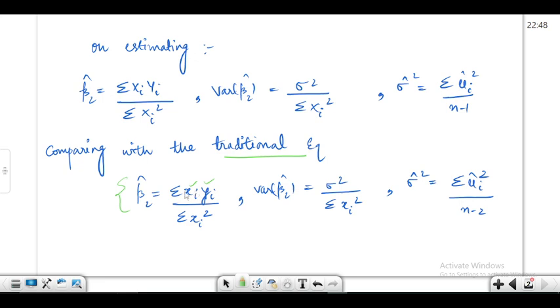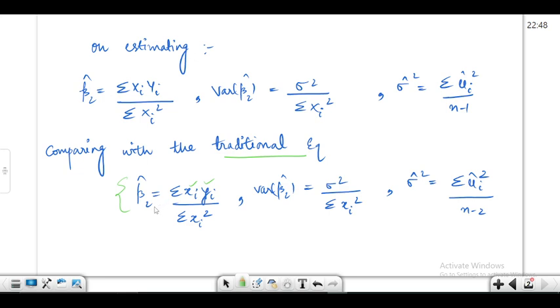I hope you're following the previous videos so that you have continuity and a proper understanding of the notations. So these are the formulas for calculating beta 2 hat in the standard regression model.